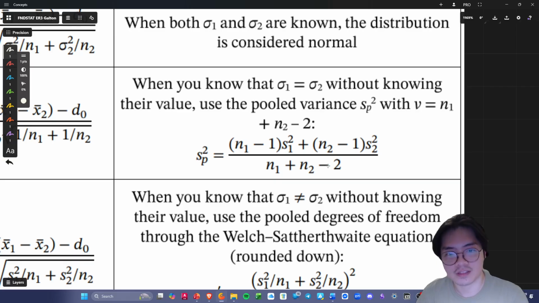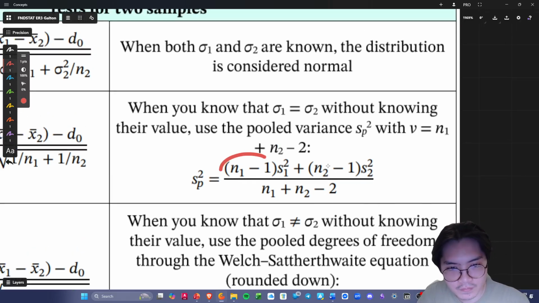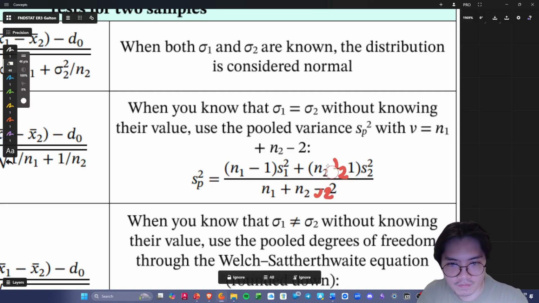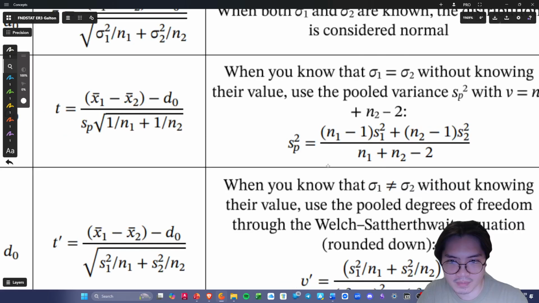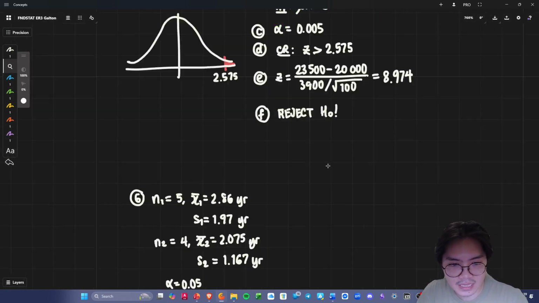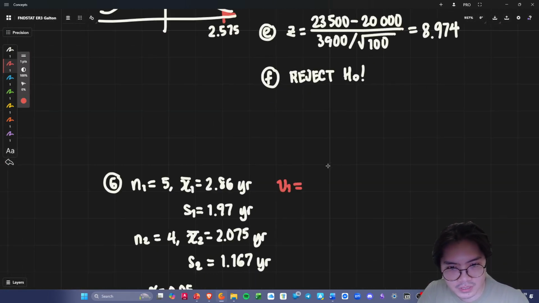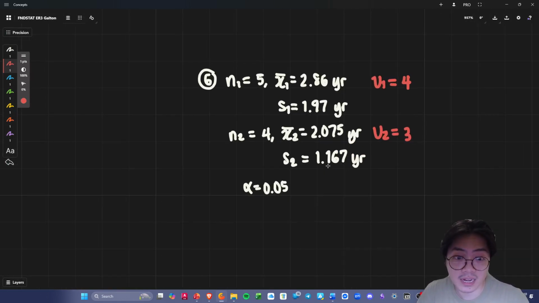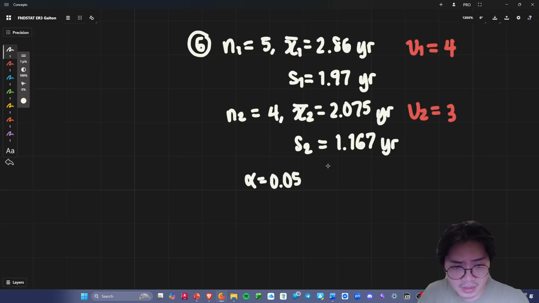Note that this is the number of degrees of freedom for the first set, this is the degrees of freedom for the second set, and the bottom is just an addition of the two degrees of freedom. You can see here that the degrees of freedom for the first set is 4, and for the second set 3. We can get our pooled variance here.